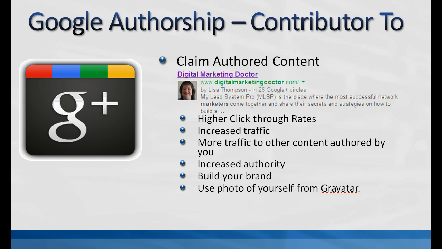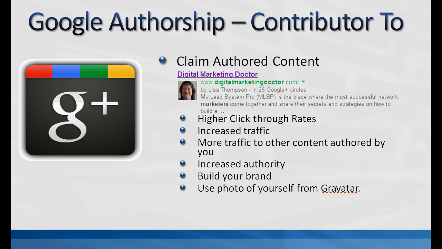Now it's also important that you get your image onto Gravatar, which is kind of a universal image. If you are doing a blog, and most of you should have a blog, what WordPress does is that if you use a custom Gravatar image, it's going to show up in the author section of your blog.